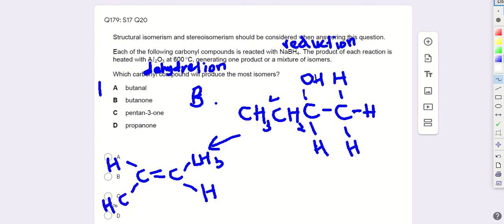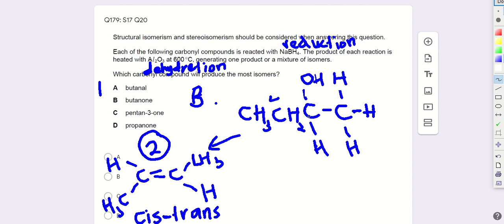Now the two carbons in the C double bond C are both bonded to different groups of atoms. So there is cis-trans isomerism. Consider two products here. Two, yeah? I may circle. So two.